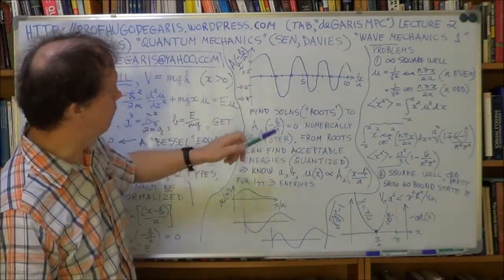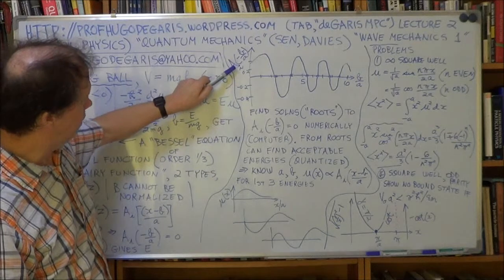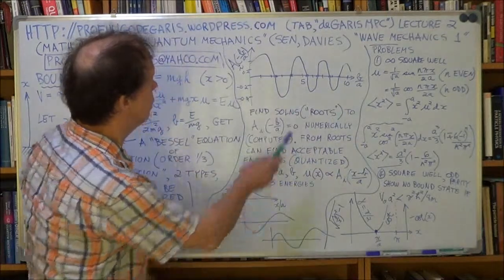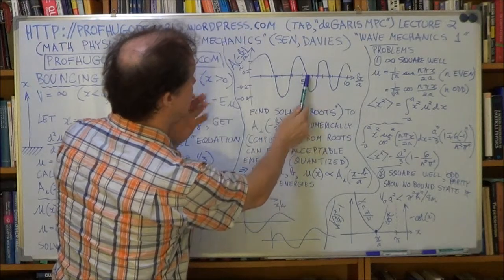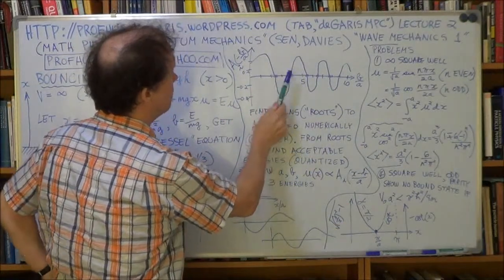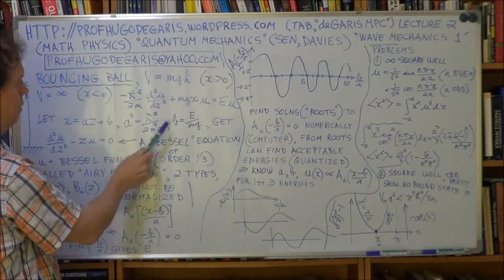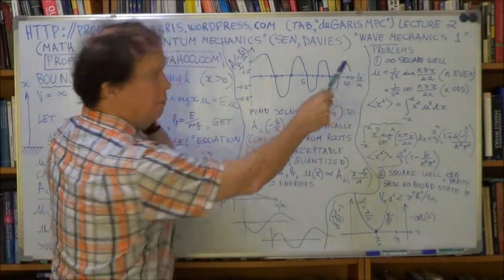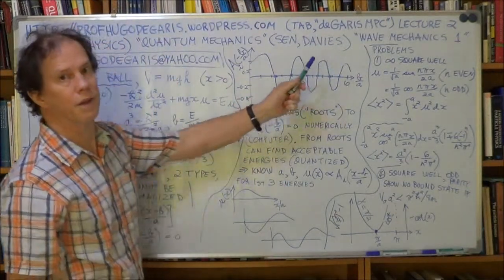These values of b over a give you the Airy function equaling 0. What's this one? 2 point something, I guess. This one's around 4. This is 5.5 or 6.5, whatever. You get these numerical values for b over a, and that allows you to find out what the energy E is. You'll get an infinite number of them, but discrete energies, quantized energies again. Our usual story.